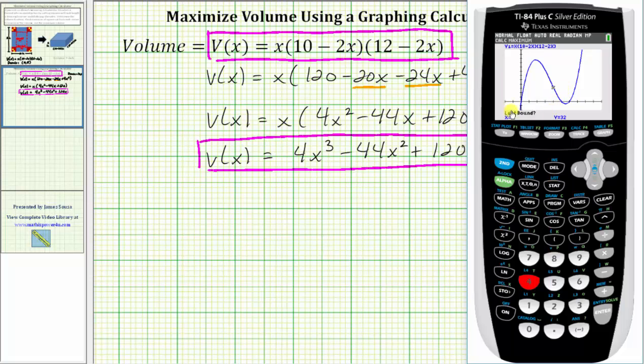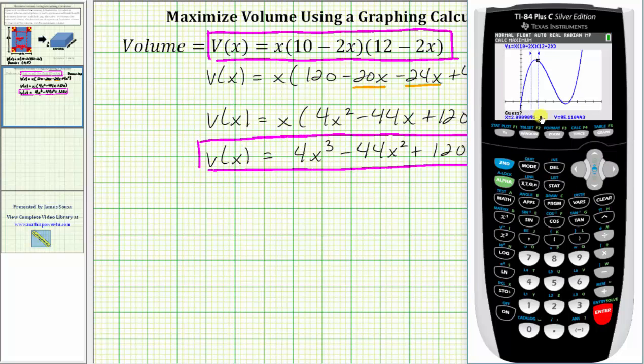Notice how it's asking for left bound. We need to move the cursor to the left of the high point we're looking for. So we press the left arrow until we're on the other side of the hill or to the left of the high point. Let's say here, enter. And now it's asking for the right bound. We now move the cursor to the right of the high point. Let's say approximately here, press enter.